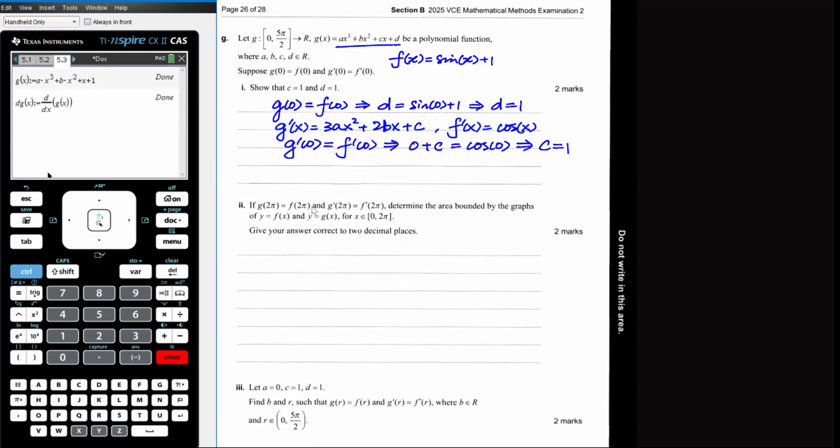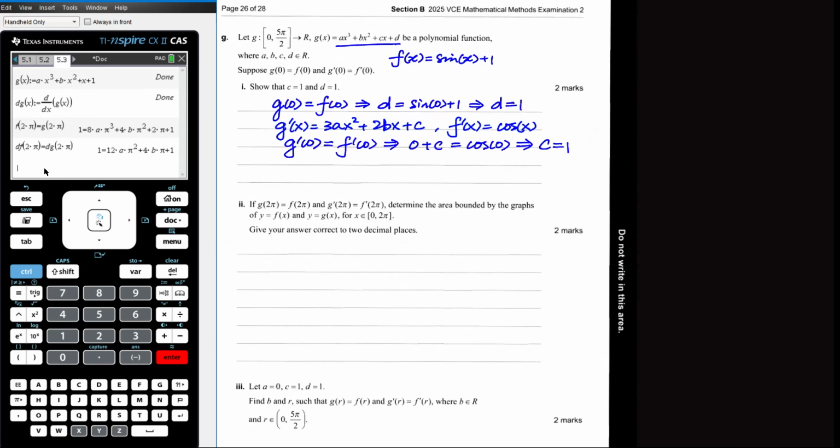Now, you have further conditions like f of 2 pi equals g of 2 pi. You get that equation. And you could also get, let's say, df of 2 pi equals dg of 2 pi. And get the other equation.